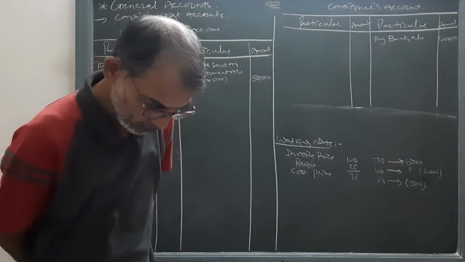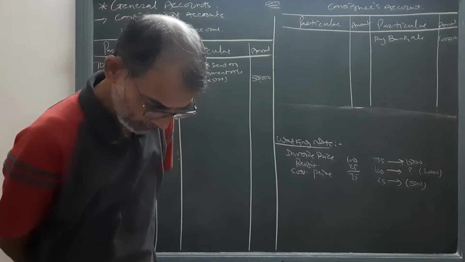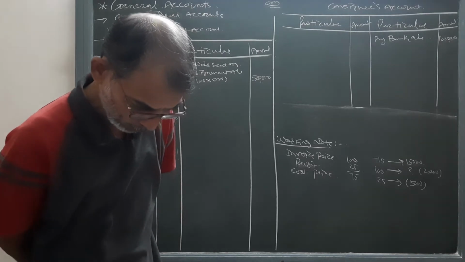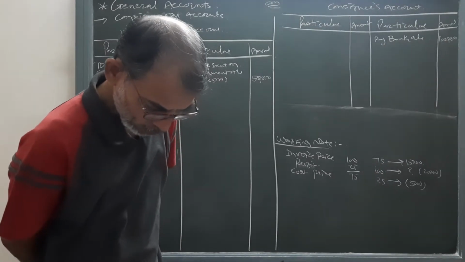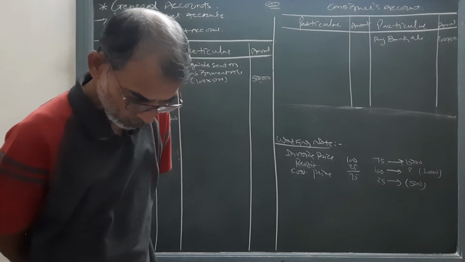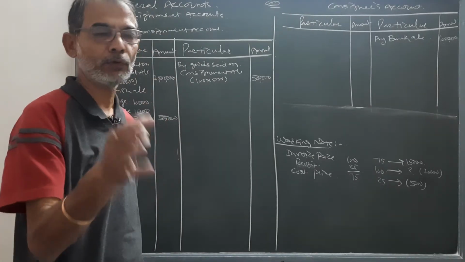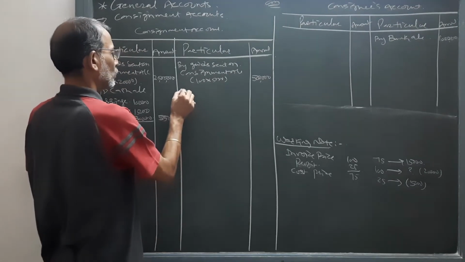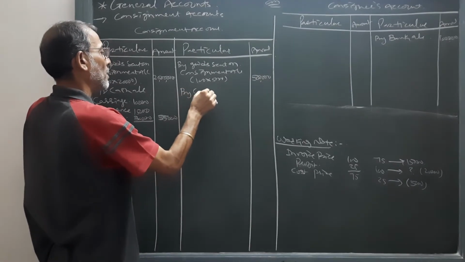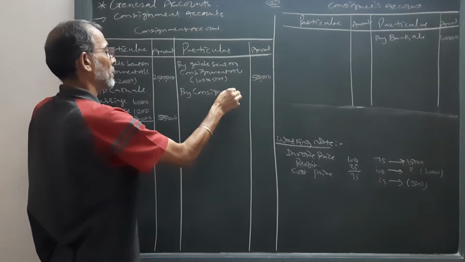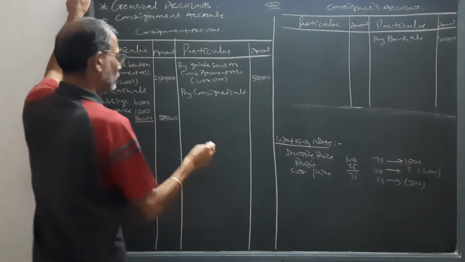Sun Electronics sent an account sale and bank draft for the amount payable according to the account sale. 50 TVs were sold at 25,000 each, which will be absolutely on cash. So that will be written on the credit side of the consignment account by consignee's account.